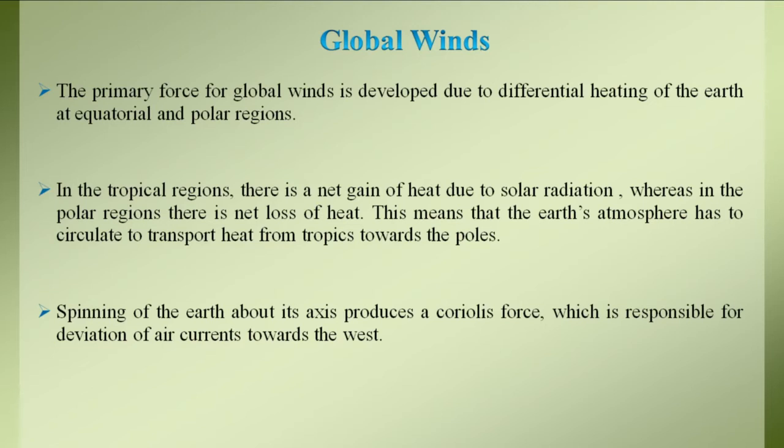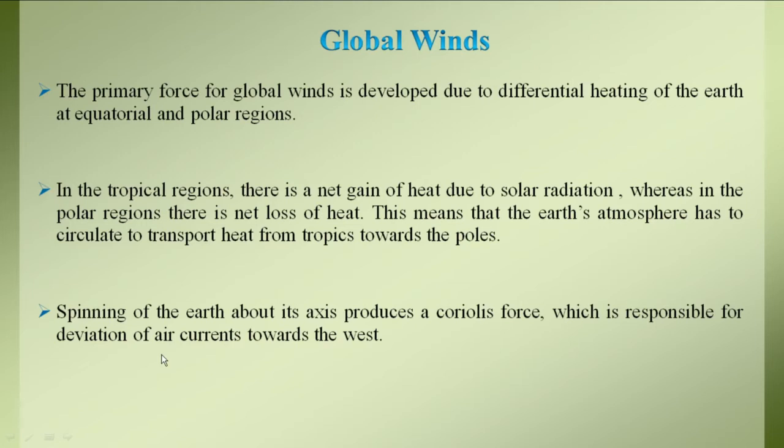As we know, the equatorial region is the hottest region and the polar region is the coldest region. In the tropical regions, there is a net gain of heat due to solar radiation, whereas in the polar region, there is a net loss of heat. This means that the Earth's atmosphere has to circulate to transport heat from the tropics towards the poles.